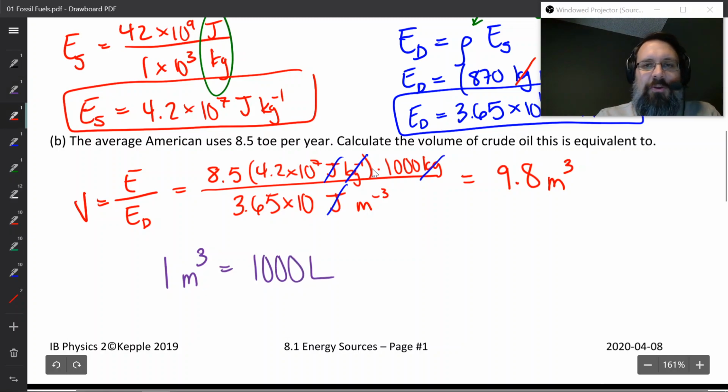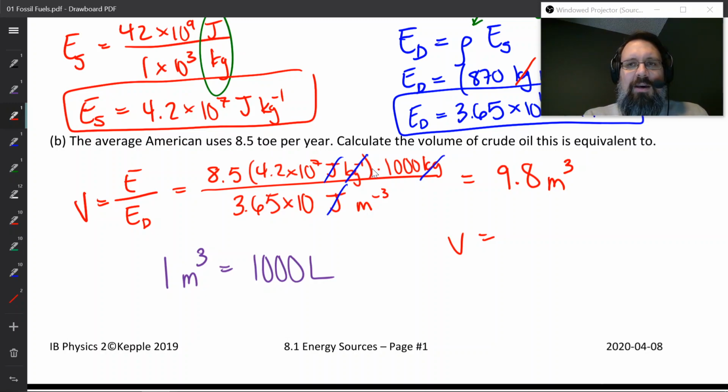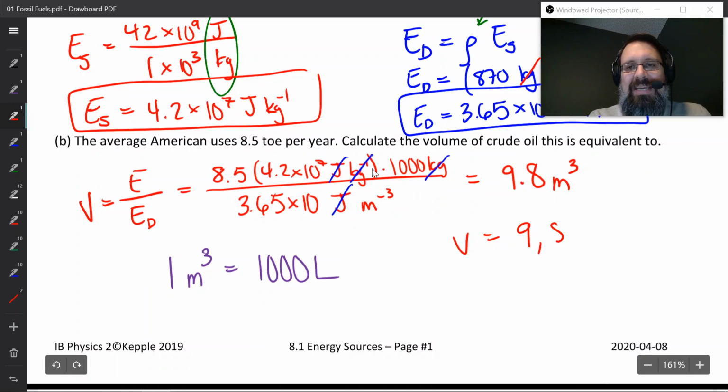So if you imagine a 2-liter bottle of soda, how many liters of oil does the average American use in a year? Well, it's 9.8 cubic meters. But what is that like? How do you visualize that? I mean, it's 9.8 Minecraft blocks, like 10 Minecraft blocks, but that actually ends up being 9,800 liters of crude oil.